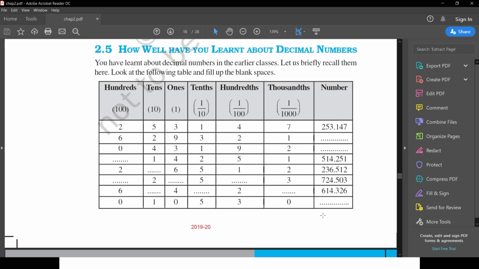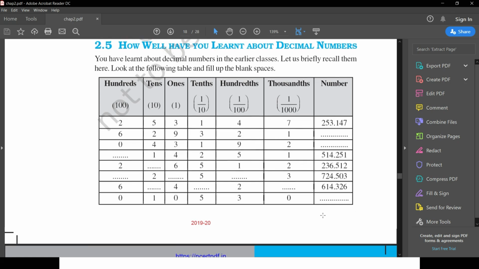You can find out, it will be 2. So 236.512 can be written, if we start from the right side, as 2, 1, 5, 6 and 3, 2. Like this, you can arrange the number in tabular form.